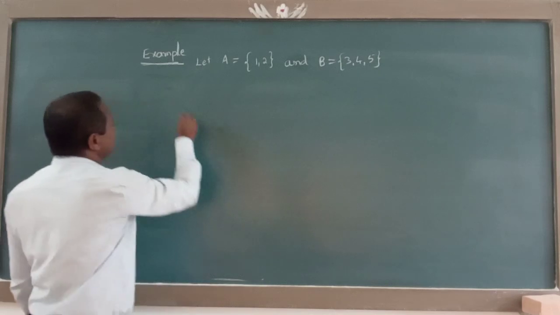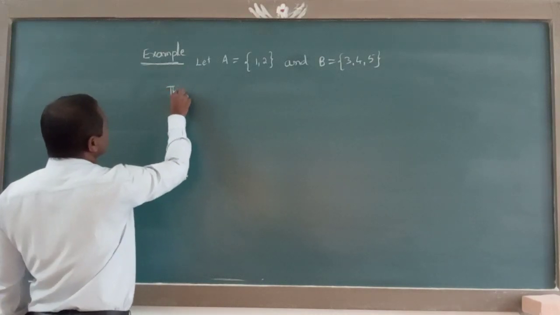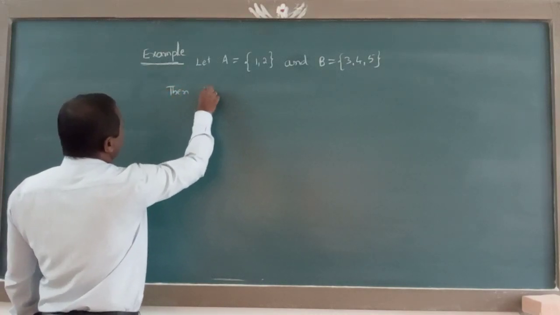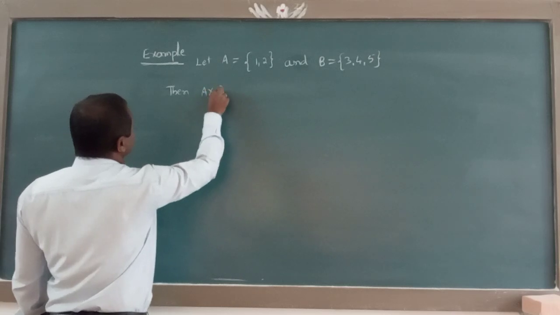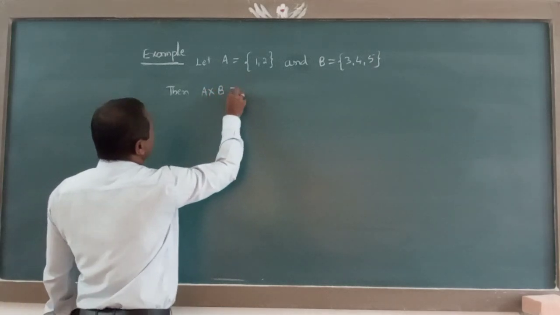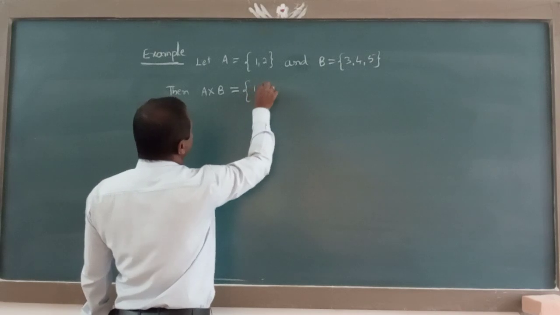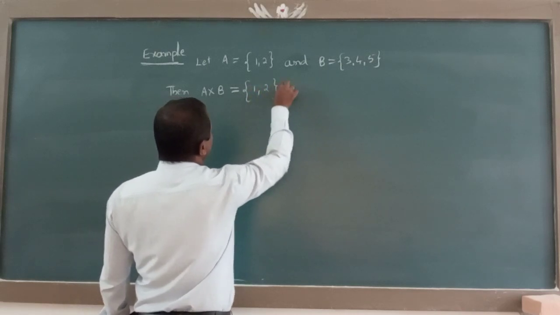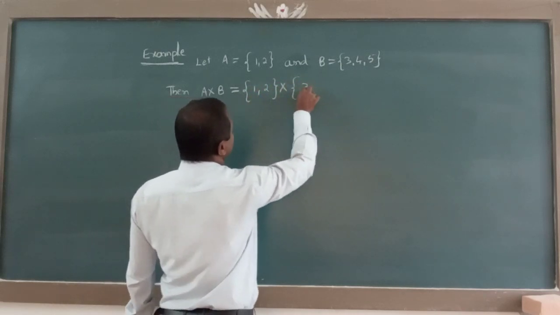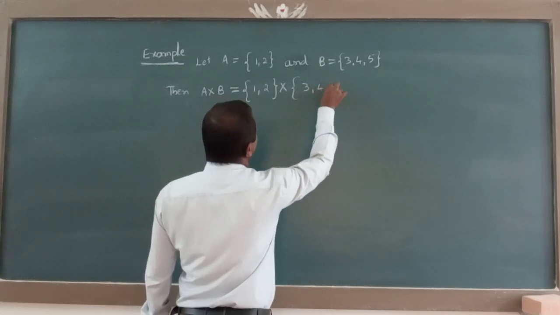Then A cross B is equal to the set of elements 1 comma 2 cross the set of elements 3 comma 4 comma 5.